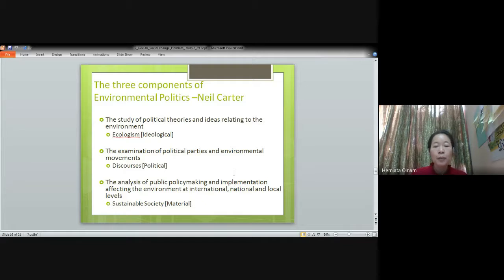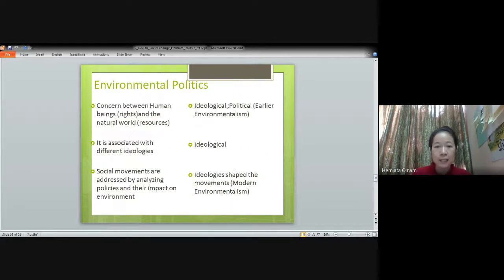Here, people are talking more about the sustainable society, because here different policies and programs are connected with environmental protection or environmental conservation at national, international, and local levels. So the way of dealing with such environmental issues is always projected towards having a sustainable society.